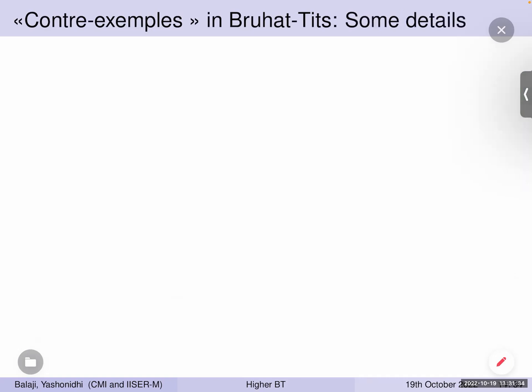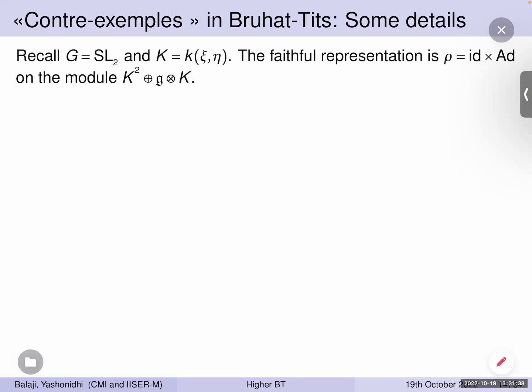So now I want to give some more details. Recall G is SL2, and the field capital K is little k round bracket C and eta. The faithful representation is rho, which is identity cross capital Ad, on the module which is two copies of capital K and the Lie algebra of SL2 tensor K, capital.